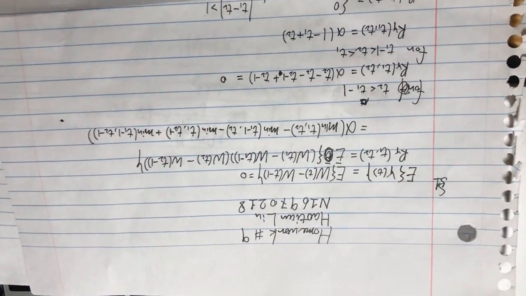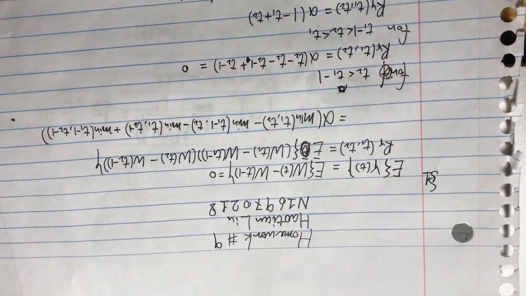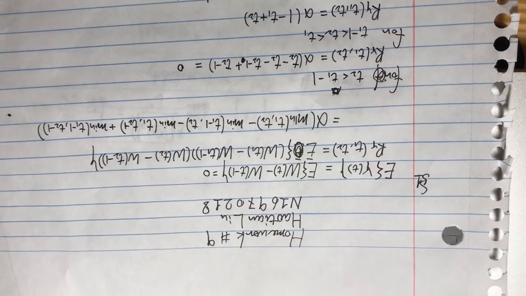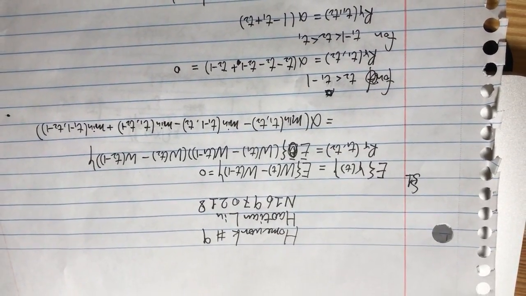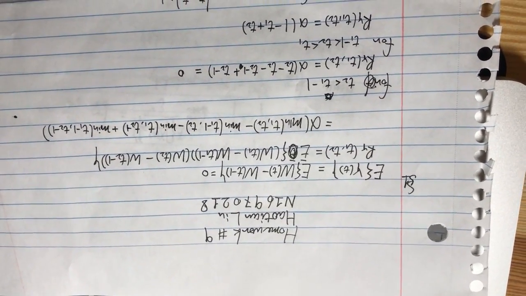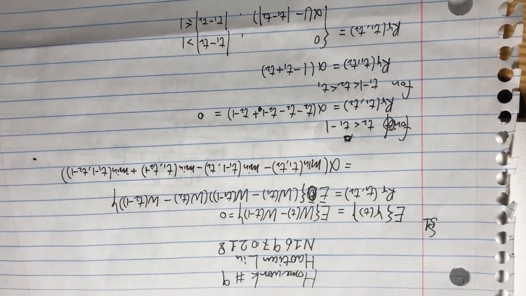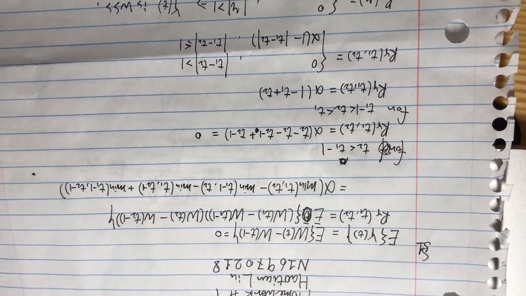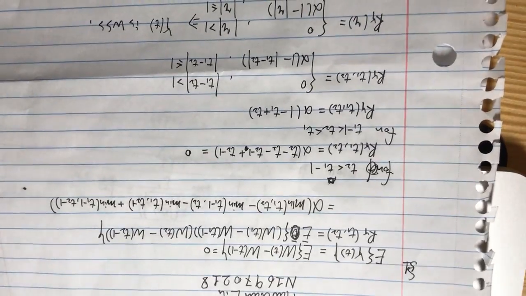So we already have t1 and t2 and t1 minus 1 and t2 minus 1. So actually there can be only 4 cases for this.